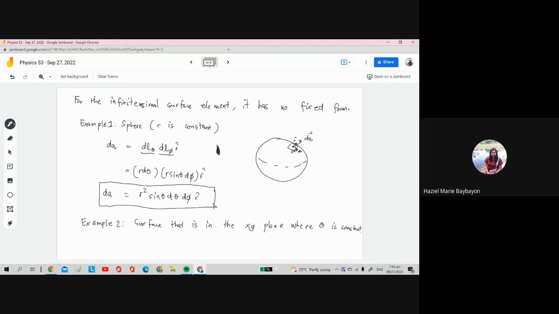Okay, so for this, your dA is equal to dl r dl phi. Okay, so constant man si theta. So you have here theta hat. Okay, so murag dali ra gyapon siya i-determine kung unsay constant, mao to siya nga component ang mahabilin. Okay?